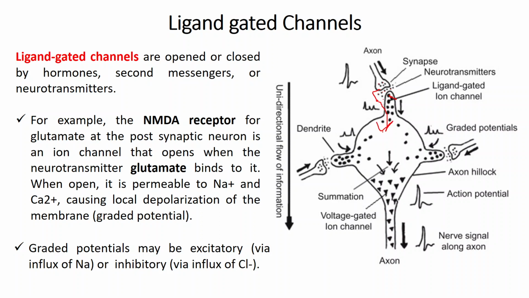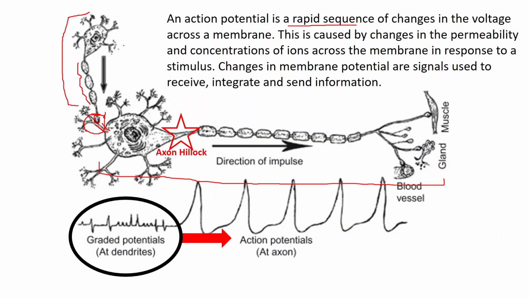When sodium gets to the inside, what will be generated is a graded potential. Not an action potential yet, it's only a graded potential, which is very small, and the signal is very small, okay?